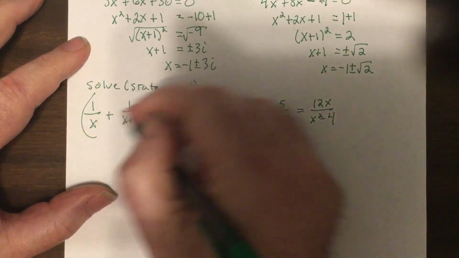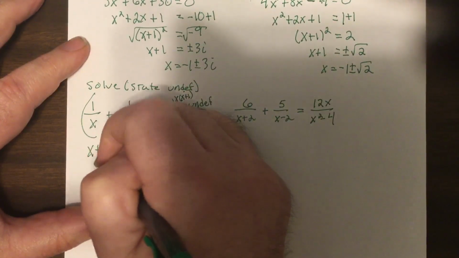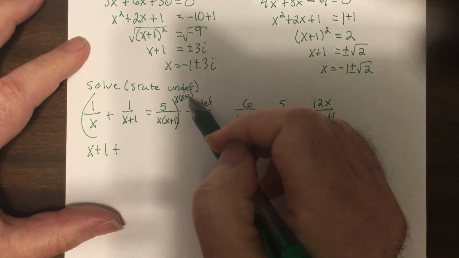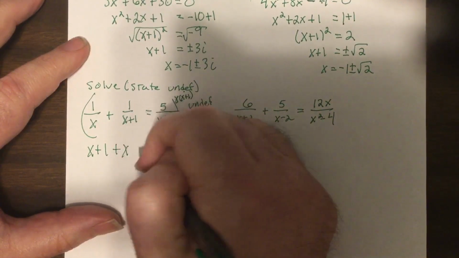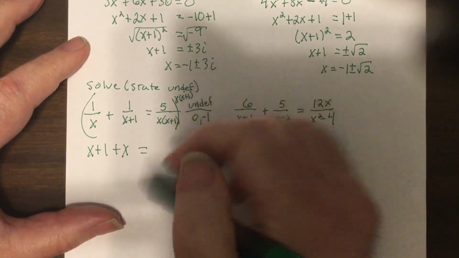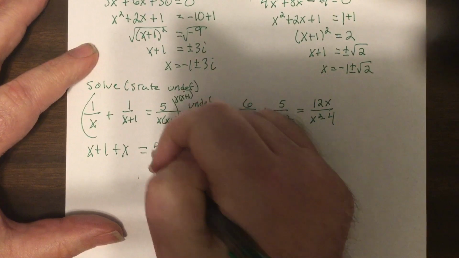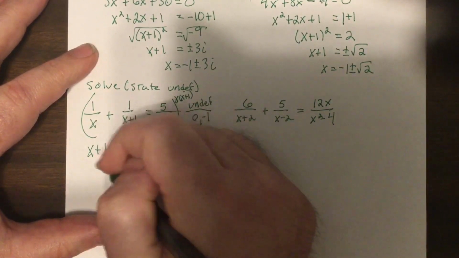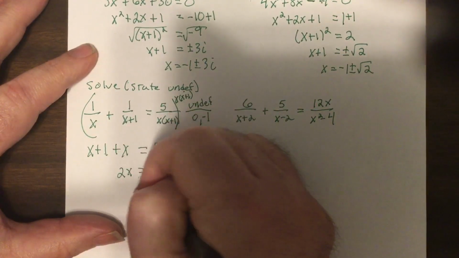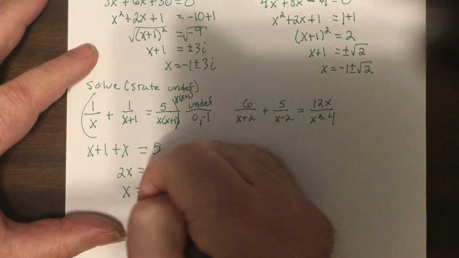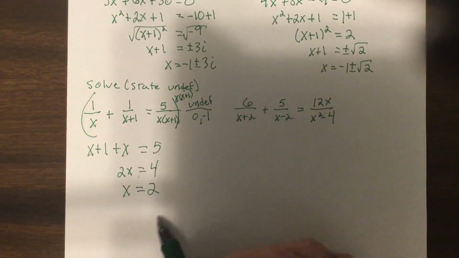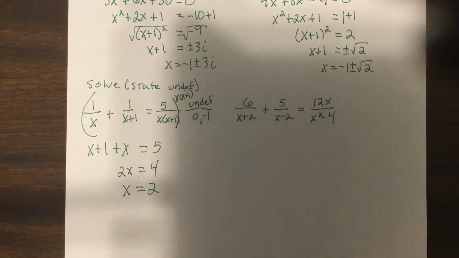So the x's cancel, it'd be x plus 1, plus the x plus 1's cancel, it'd be x. Both cancel, so it's 5. So I'm going to subtract the 1, combine the x's, divide by 2. 4 divided by 2 is 2. It's not part of the undefined, so I can use it.